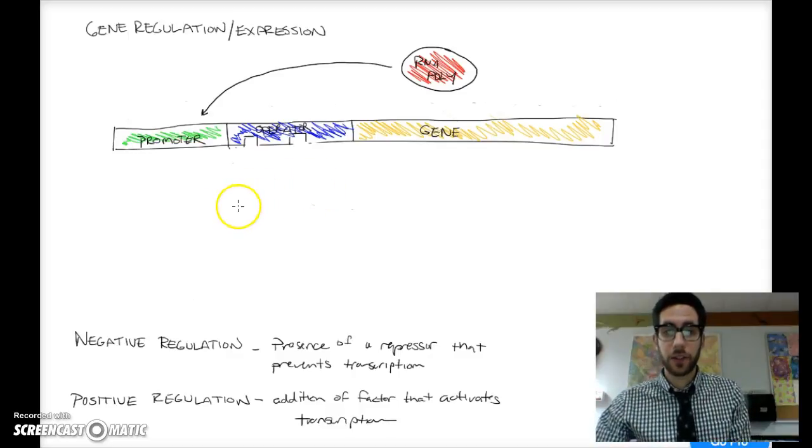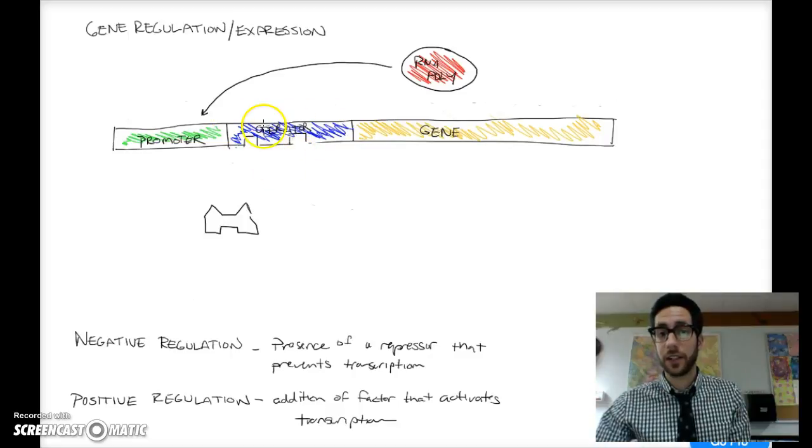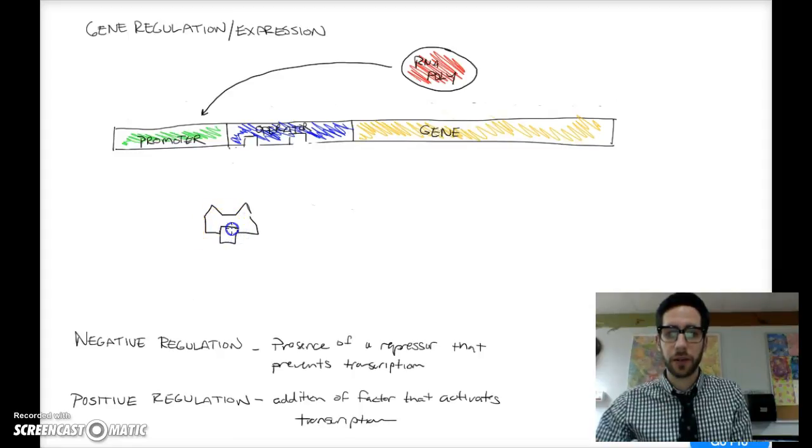So in this situation, you have this factor or regulatory protein that normally does not fit into this, and this is not activated at all. So this process up here is not happening. That's because you normally have that required protein that is preventing this from attaching there, because you don't need that gene to be expressed.